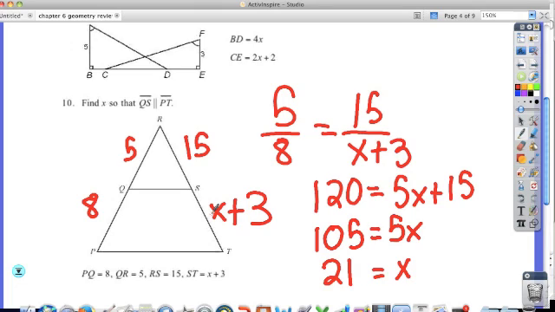So what he's saying is, could you have compared this shorter side here, QR, and set up the proportion with RS over RT? Yes, you could have. So that would have been x plus 18, correct? But if you did that, you would have had to do 5 over 13.